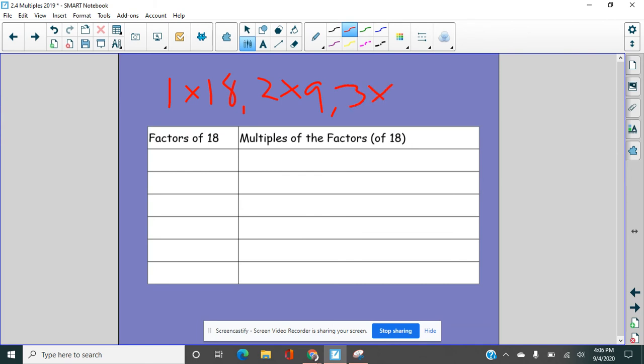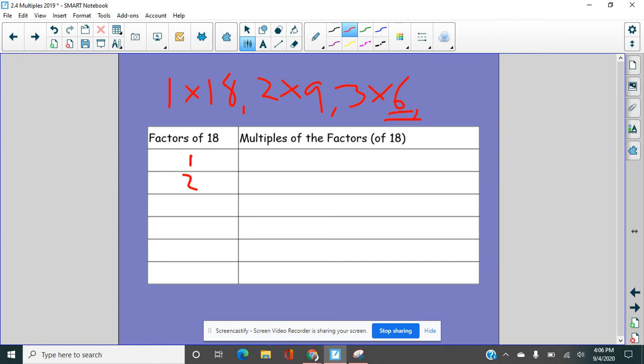Can we do a 4? 4 times something equals 18? No, right? That doesn't exist. And how about 5? 5 times something equals 18. Is it possible? It's not, right? And we can do 6, but we've gotten to that number already. So we're done.